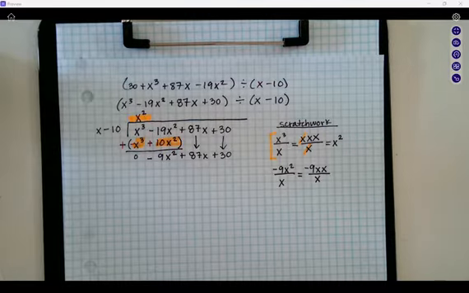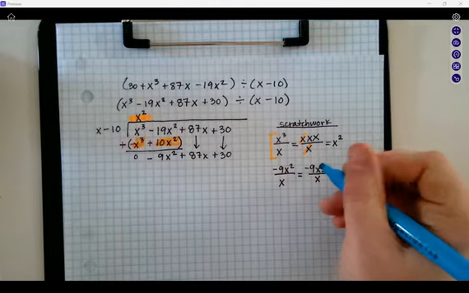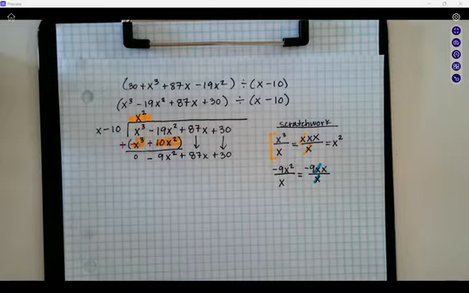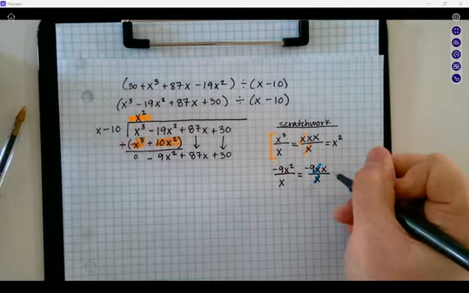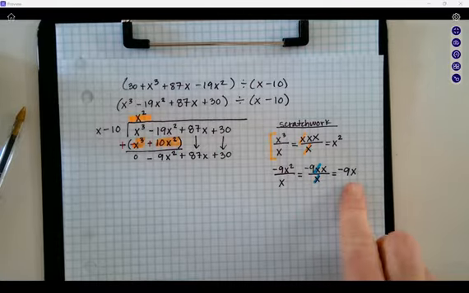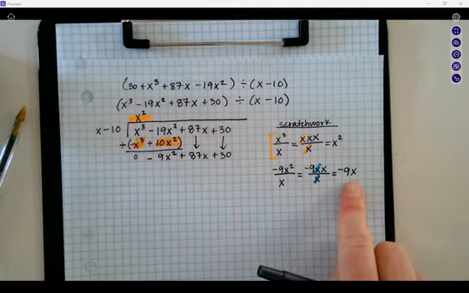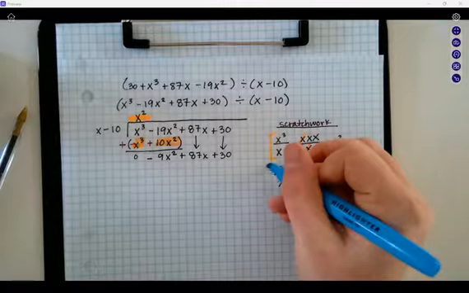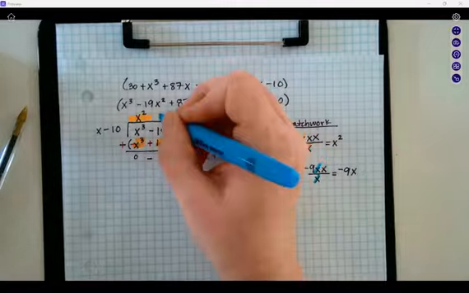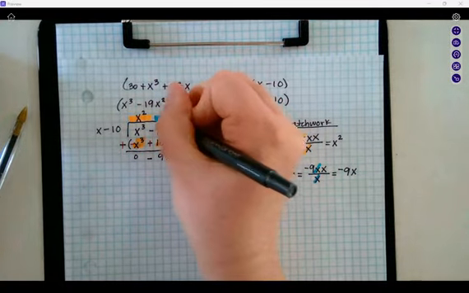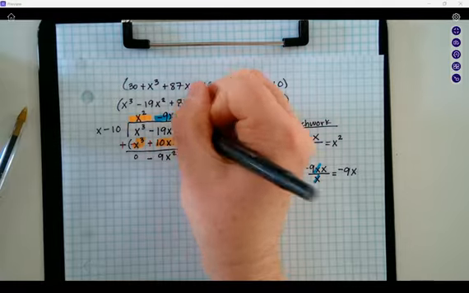That way we can see that there is an x in the numerator that's going to simplify with an x in the denominator. So I'm going to have negative 9x as my result here, and this is the second term of my quotient. So up here, I'm going to write that second term of my quotient, so that's negative 9x.